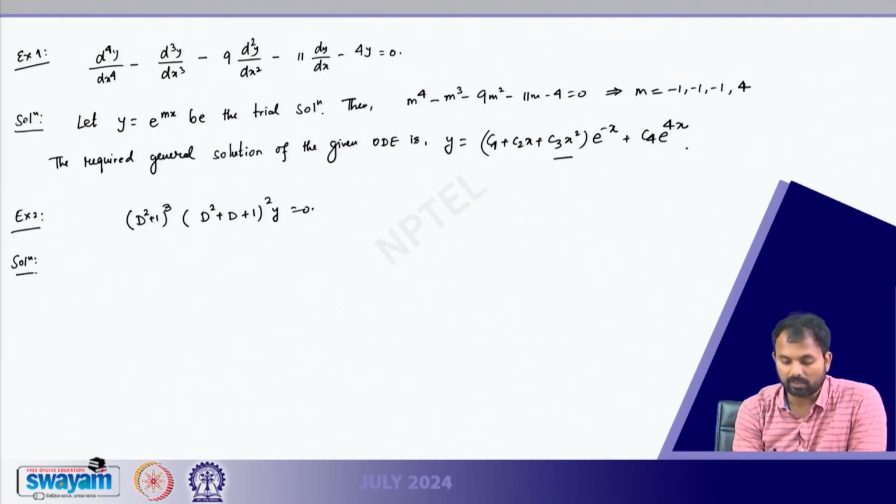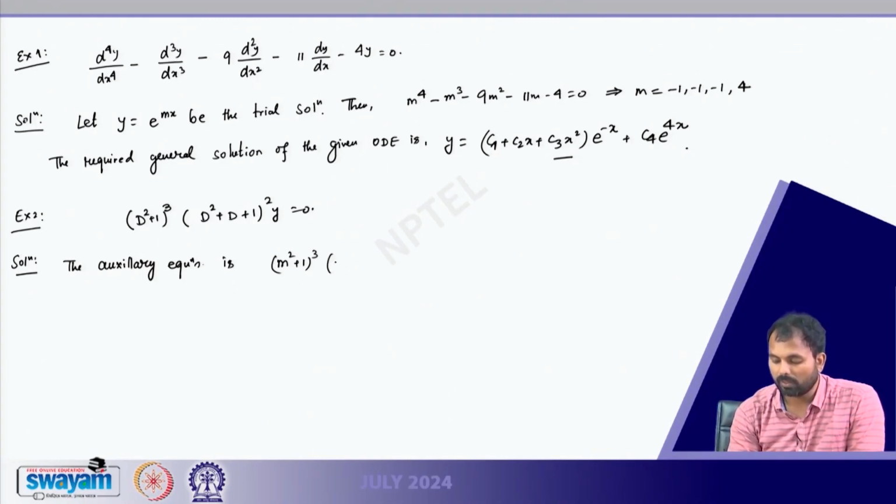Since the right hand side is 0, we can write the auxiliary equation. The auxiliary equation is (m square plus 1) whole cube, and then (m square plus m plus 1) whole square.